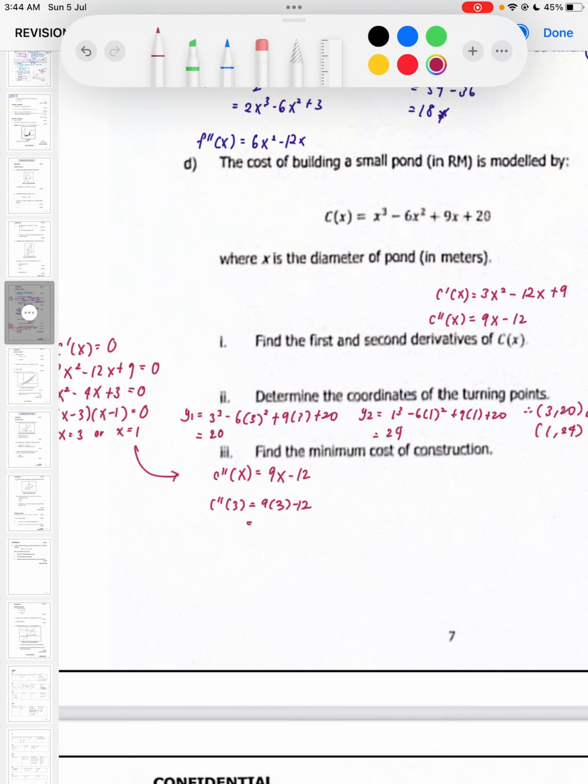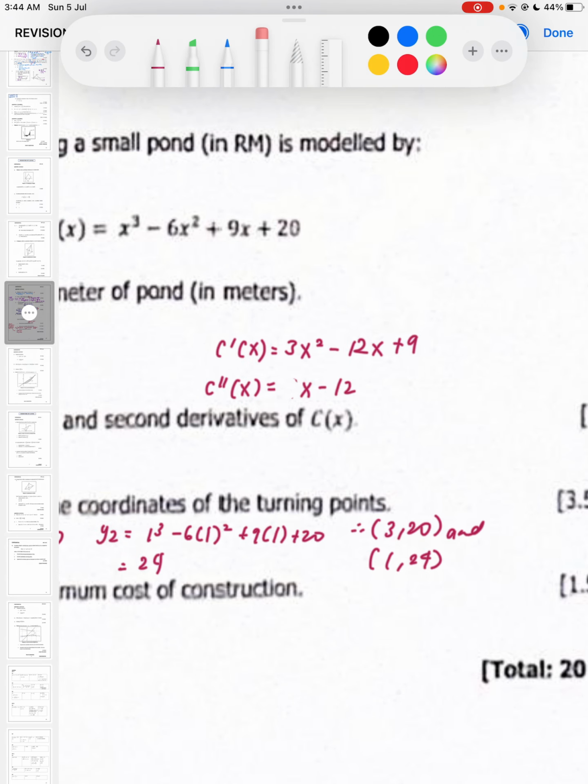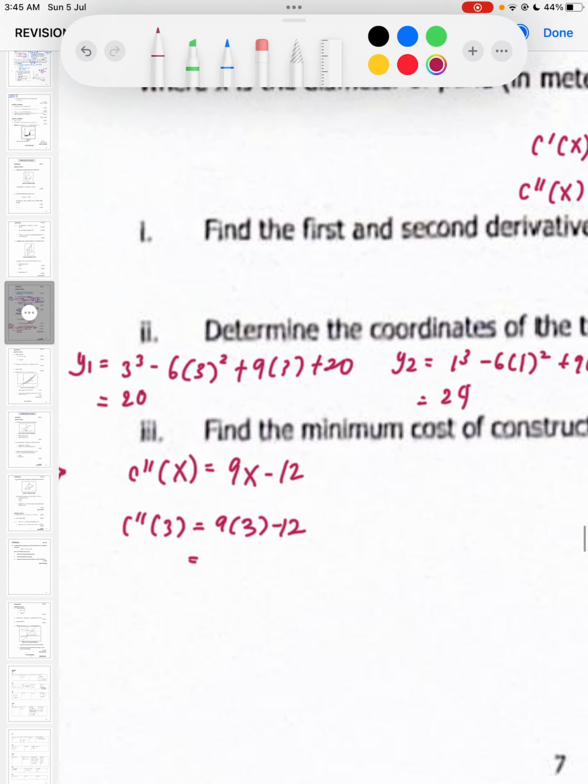Wait, is my equation wrong? Hold on. Okay, wait, I think I found out where I was wrong. I'll carry this here. Okay, 3 times 2 is 6. It's not 9.